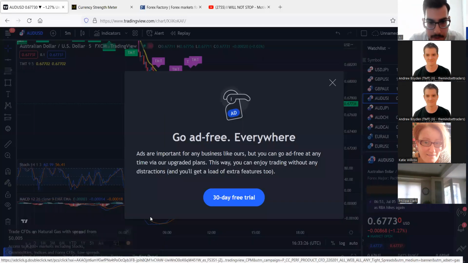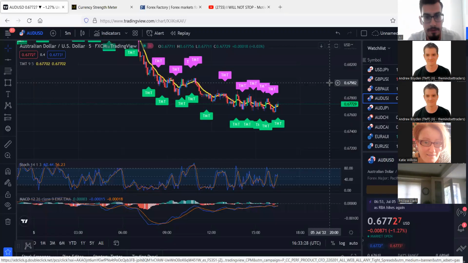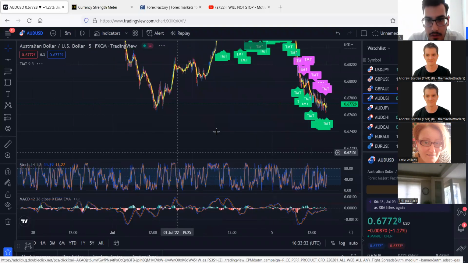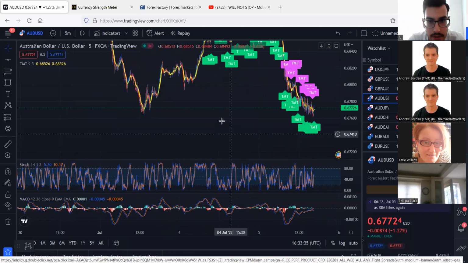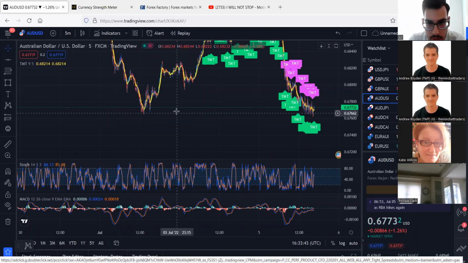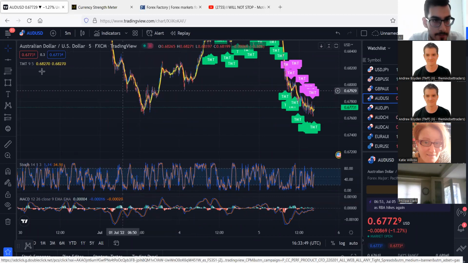Now, we need to look for support and resistance area here. Okay. It has a strong floor here. This is another strong floor. This is a strong floor, but it's below our area. So I would prefer looking at this area here.